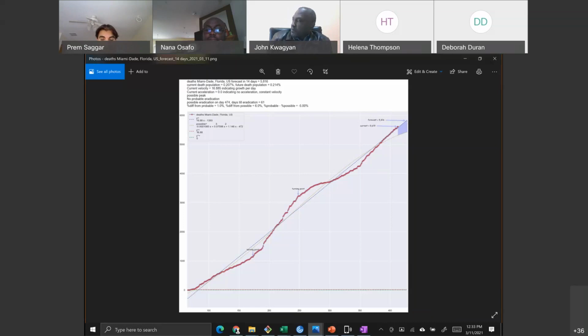So I show this to you because as the data changes, you'll get upticks, and if that uptick is strong enough, then you can make the projection that it's going to increase. But the CDC, and I believe most folks, are saying if you get together, there's going to be infections. Still the case.